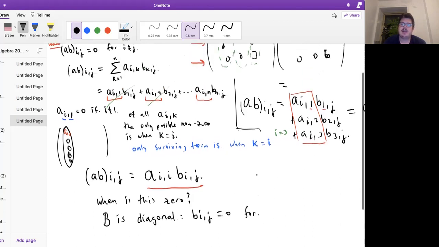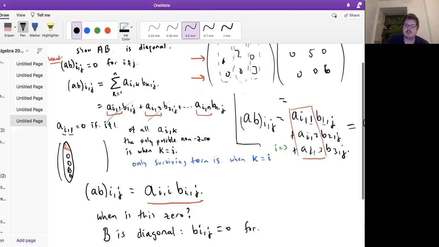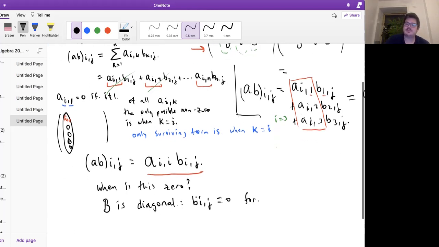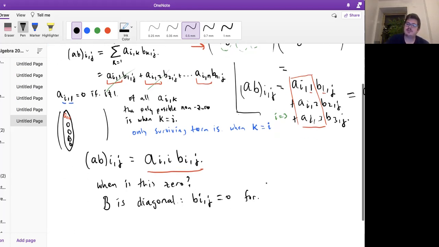So the j stayed, right? Where does the substitution lie? It lies in subbing in for k, right? It's only non-zero when j equals i, then this thing is non-zero. So B is diagonal, so these entries are 0 for i not equal to j.